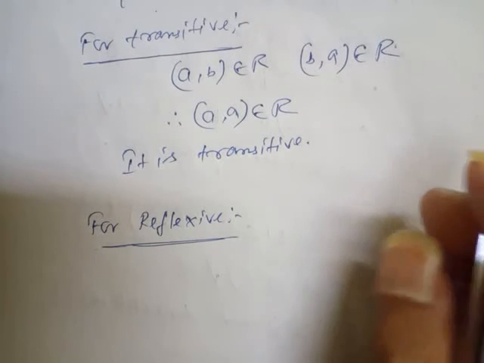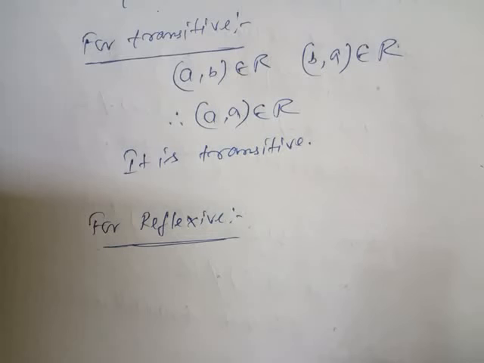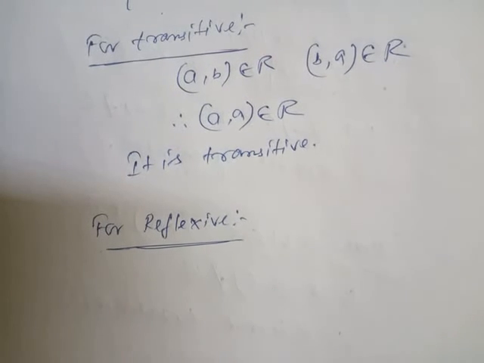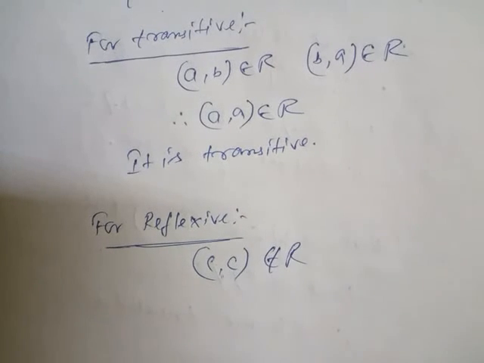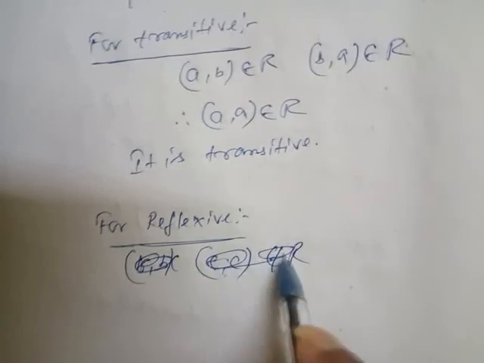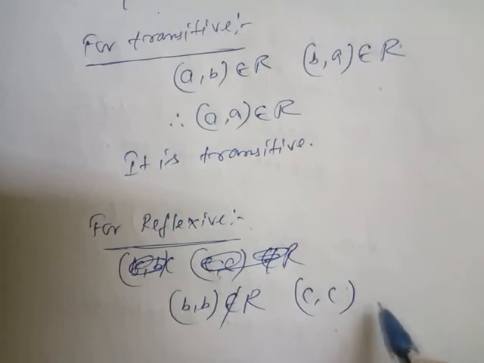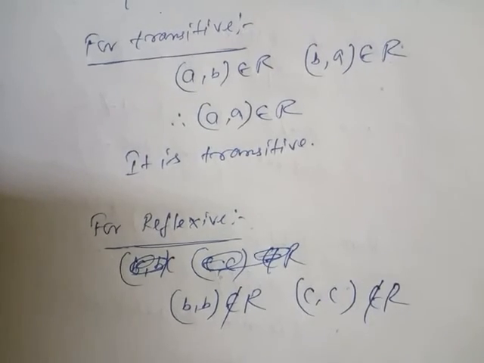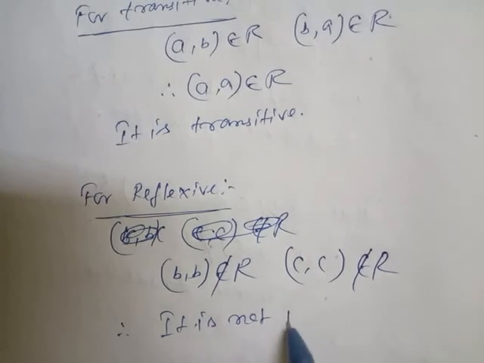Now look, for reflexive, (a, a), (b, b) and (c, c) should belong to R. But (a, a) does not belong to R, (b, b) also does not belong to R, and (c, c) also does not belong to R, so we can say that it is not reflexive.